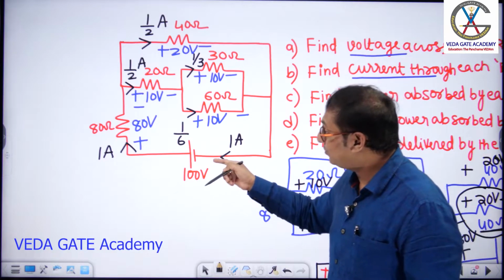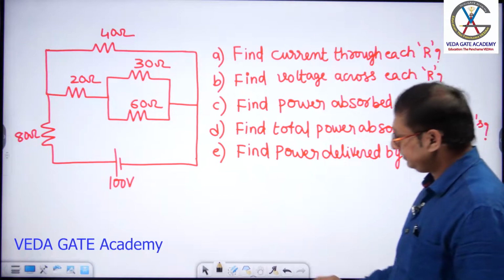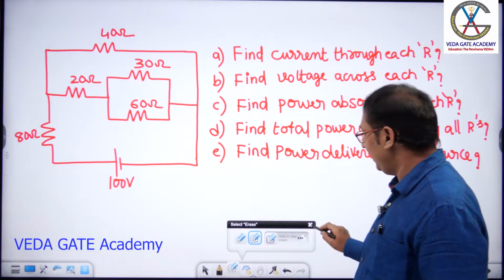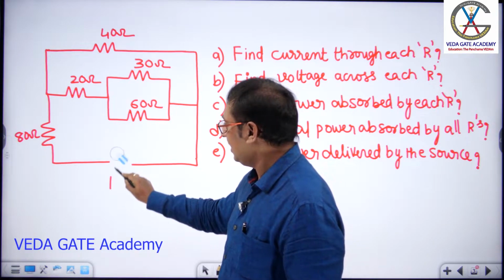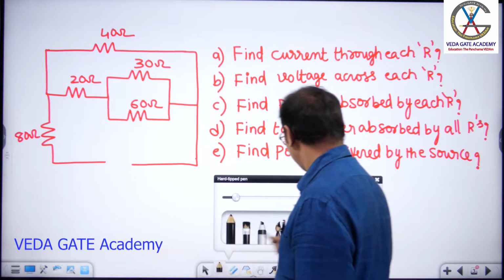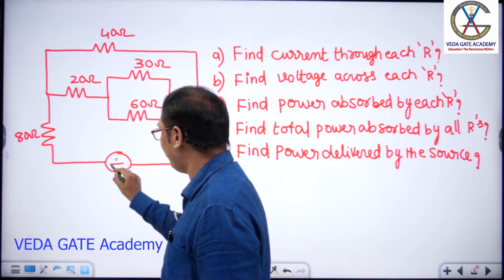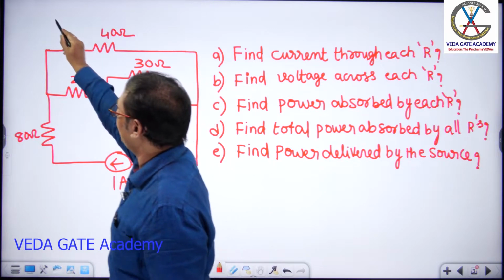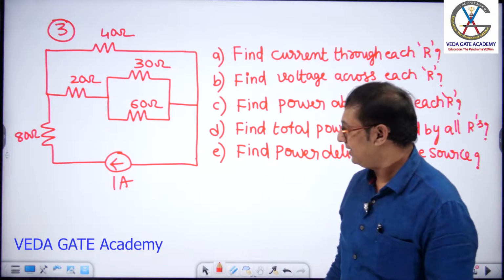Let us replace this voltage source with a current source. Erasing, sir, replacing the voltage source with a current source of value 1 ampere, calling this question 3. Done? Right.